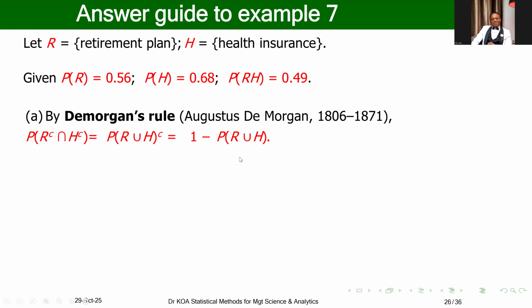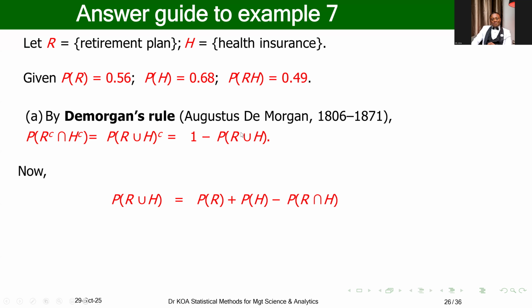You know, the union is more or less the combination of R and H, but anything outside of that, but in the universal set. Do you know what I mean? That's why we indicated that the universal set is equal to 1. So when you just substitute, we can find this value.